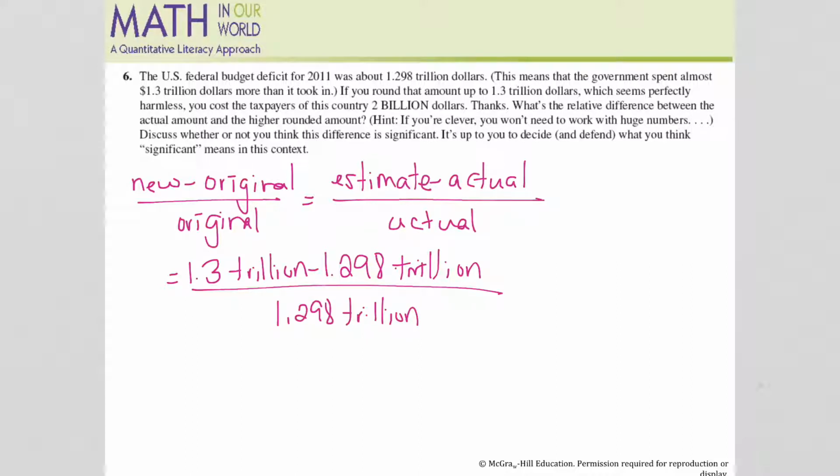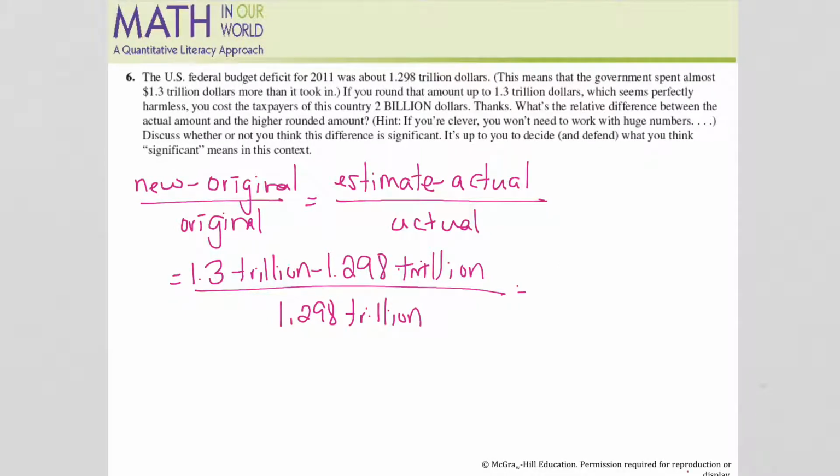Since it's all in trillions, you can just subtract your decimals there. 1.3 minus 1.298 and then divide by 1.298. So you get 0.002 over 1.298, which is 0.0015 or 0.15 of a percent.